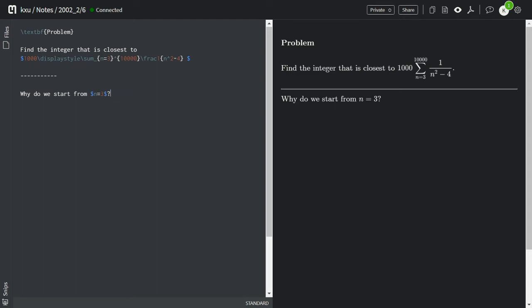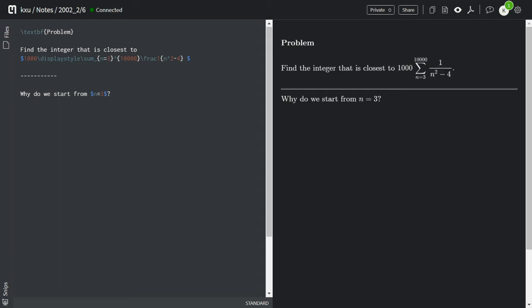Normally in summation questions you would start at some nice number, n equals 0, n equals 1, even rarely n equals 2, but n equals 3 doesn't really appear. It's not really a number you would go for unless there's something special in it. In this case, n equals 2, if you just plug it in, gives 1 over 0, which doesn't work.